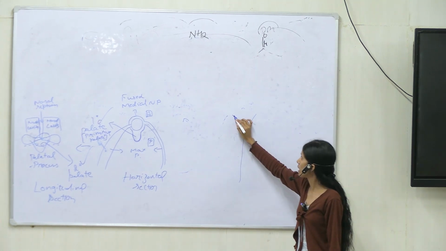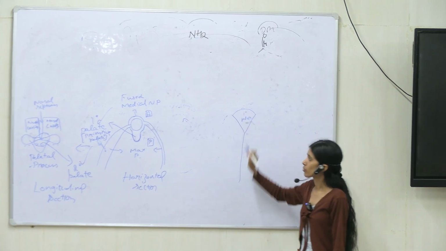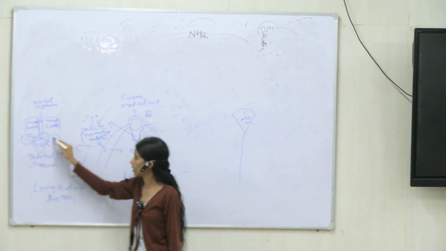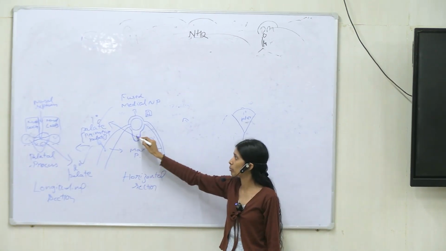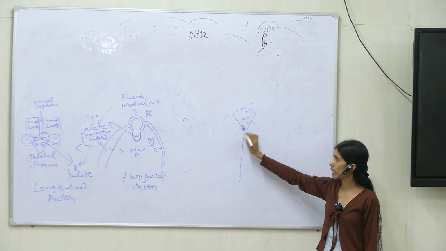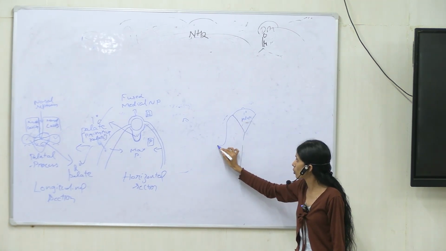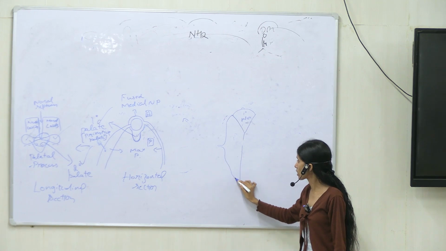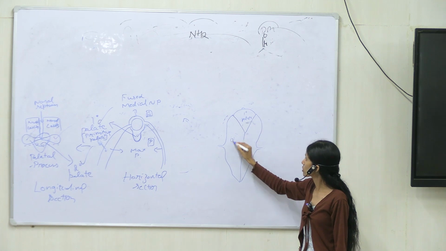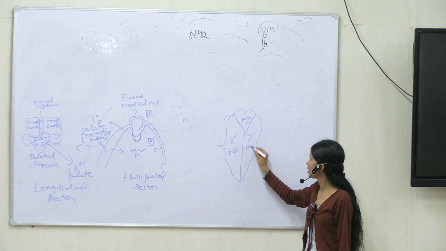This part is nothing but your primary palate, and the secondary palate is present on either side, on right also, left also, but your primary palate is only a single palate, remember this. So this is primary palate, on either side we have secondary palate. So now this is going to form a structure like this. So this is secondary palate, this is also secondary palate.